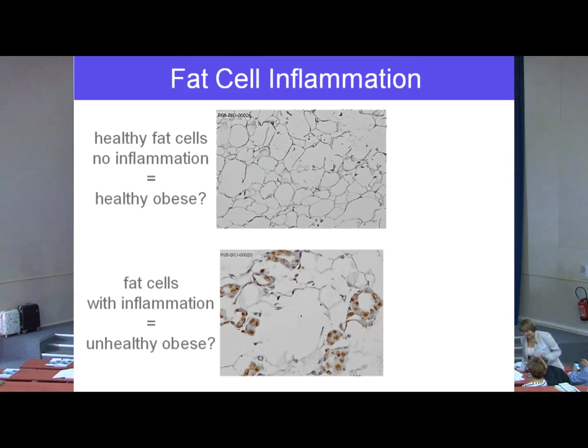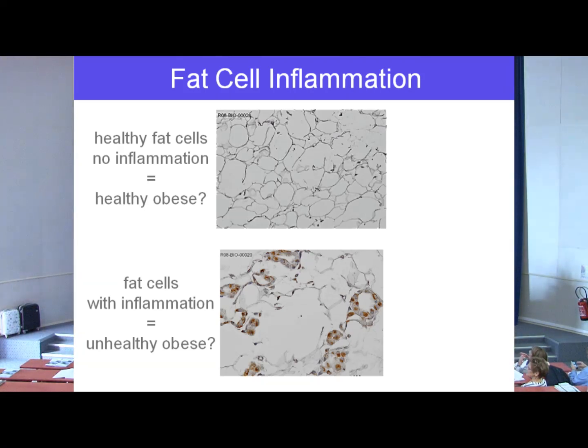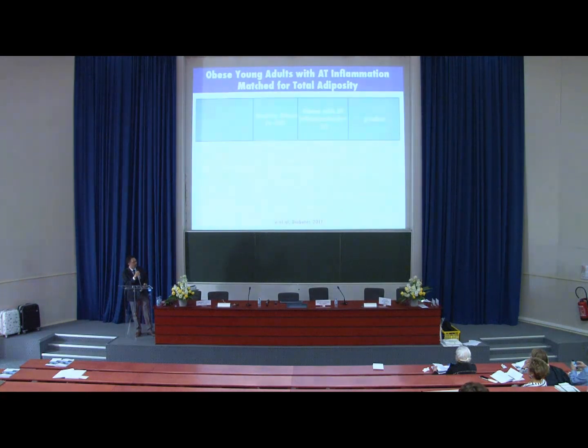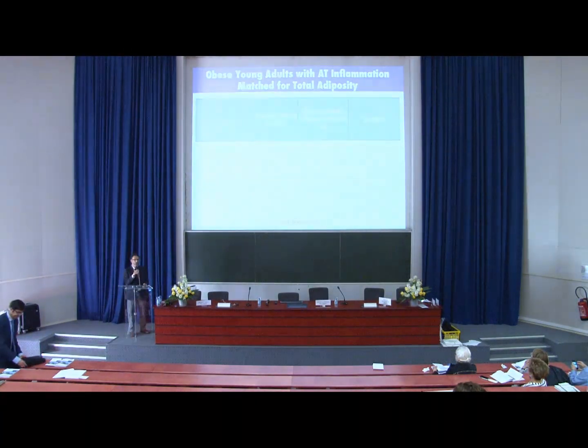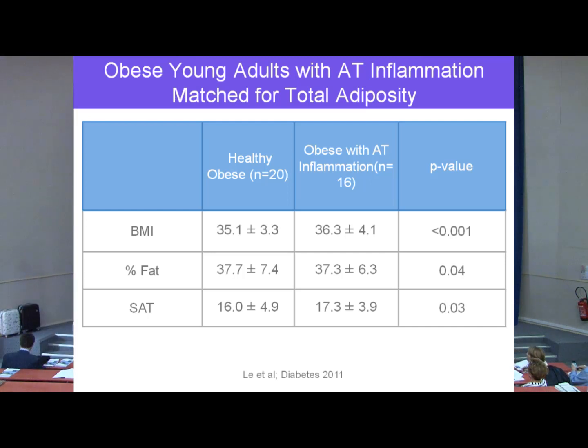The adipocytes from this subject are highly inflamed and surrounded by what we call crown-like structures, which surround dead or dying adipocytes. We published a paper a few years ago which showed that obese subjects with inflamed adipose tissues were the ones that had a poorer metabolic phenotype.